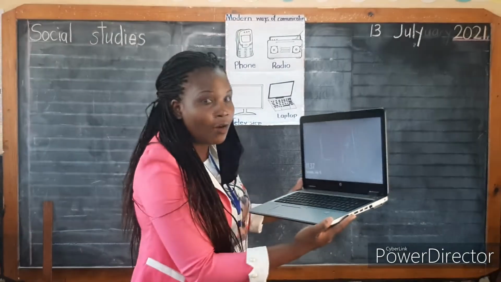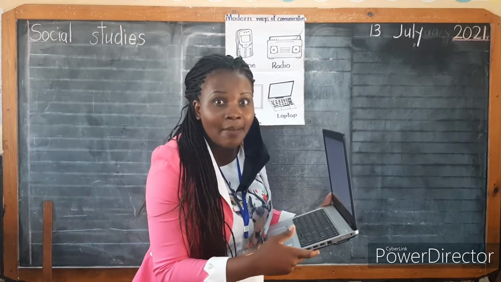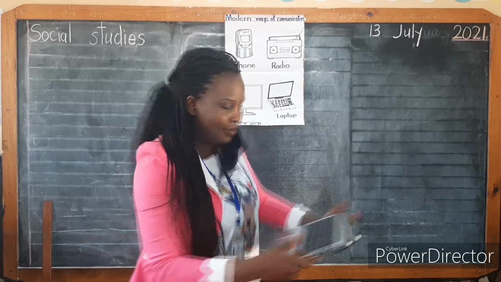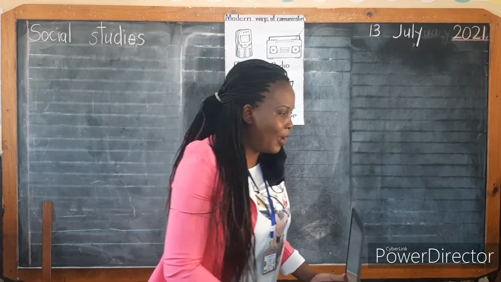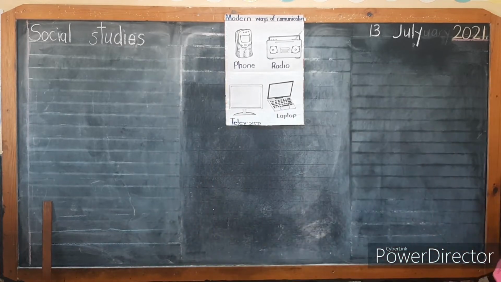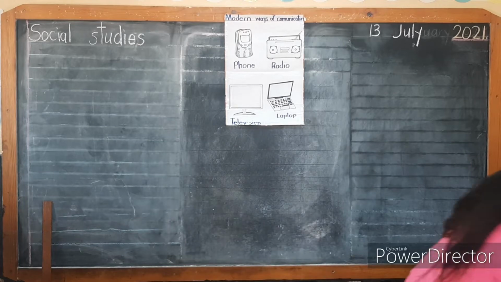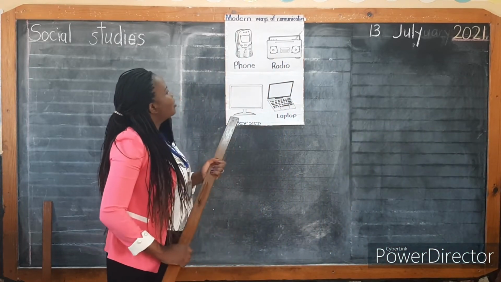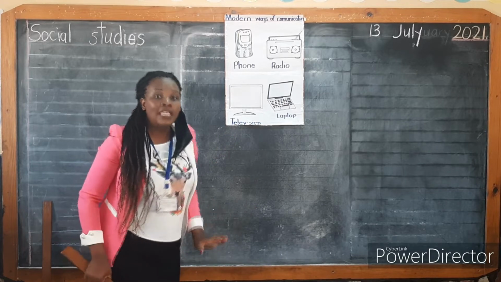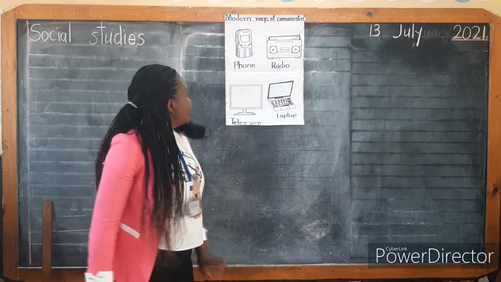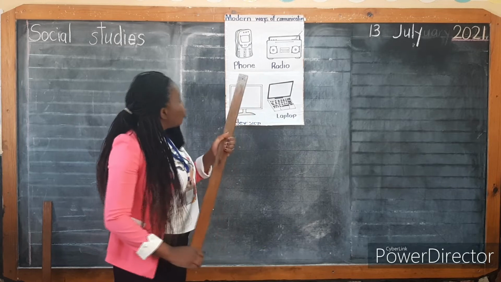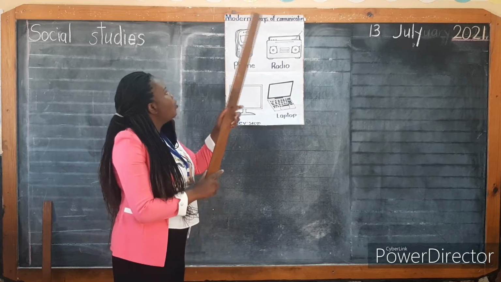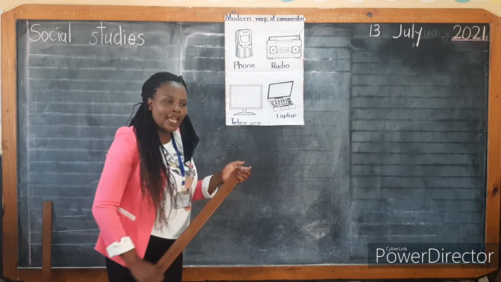But right now, I can't call grandma. She's just sleeping. So we'll put the tablet away. The laptop. We'll put it away. So, boys and girls, these are some of the things that we use to communicate nowadays, or you can call them modern ways of communication.